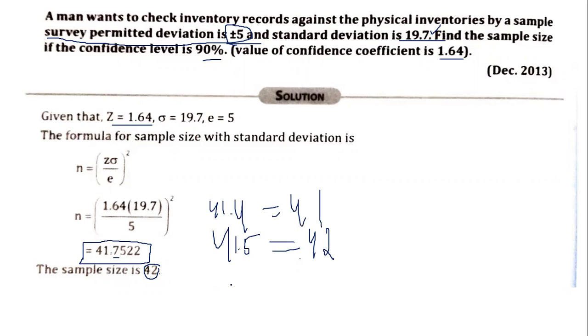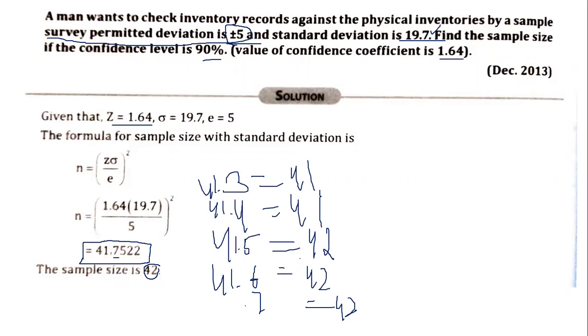Okay, 41.6, 42. 41.7, round it off, 42. Here 41.3, 41 only. Did you understand? If it is 5 or more, then you can round off to the next value, that is 42. So the sample size should be 42 for him to check the records in the books as well as in the go down. He's just comparing both of them.